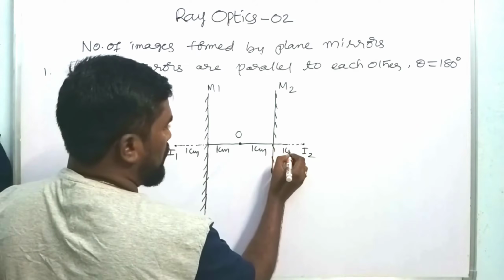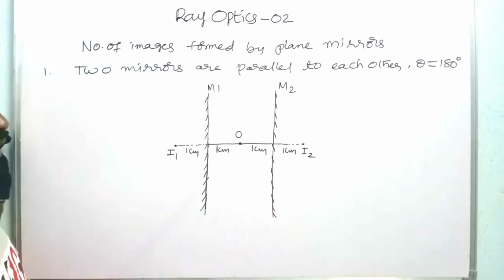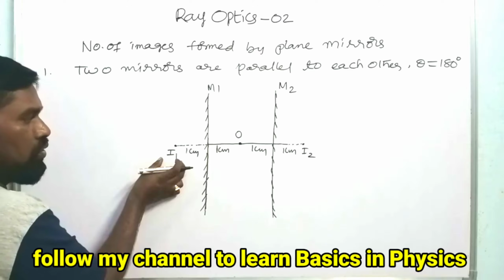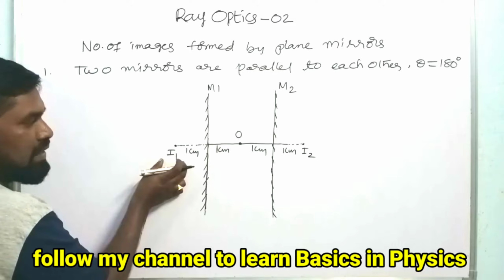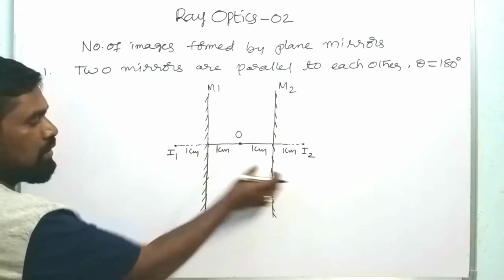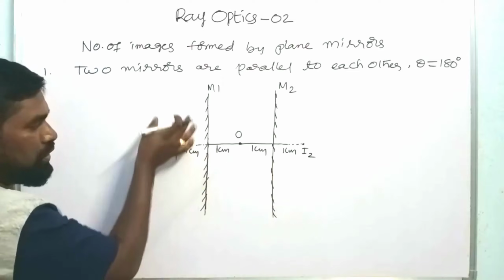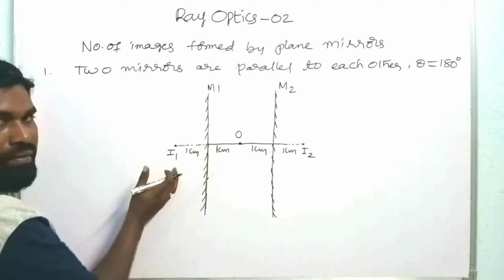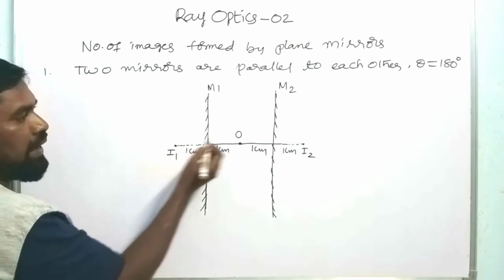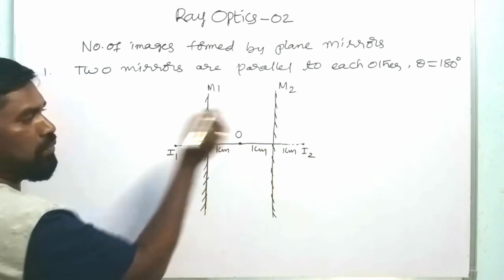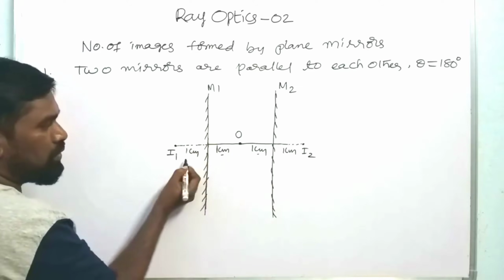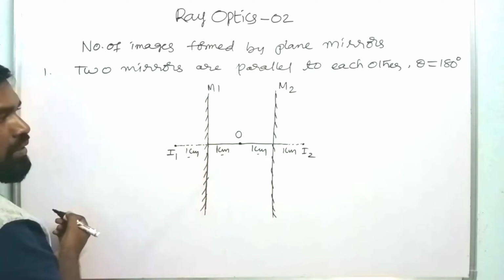Now this image acts as the object to the second mirror M2, at the distance of 1 centimeter, 2 centimeter, 3 centimeter.